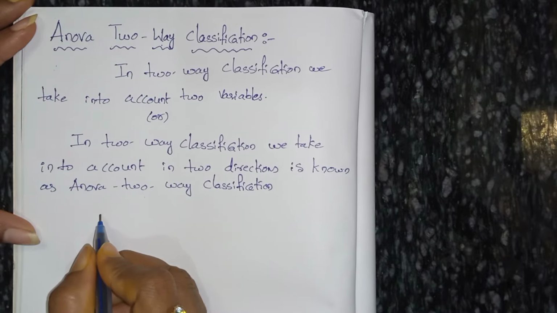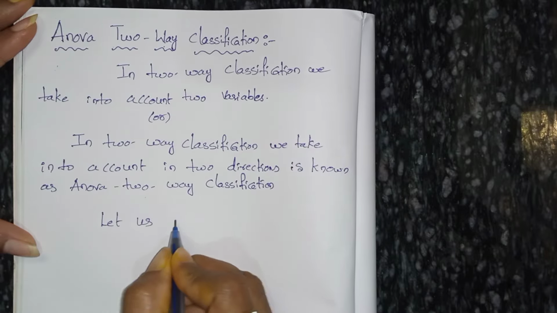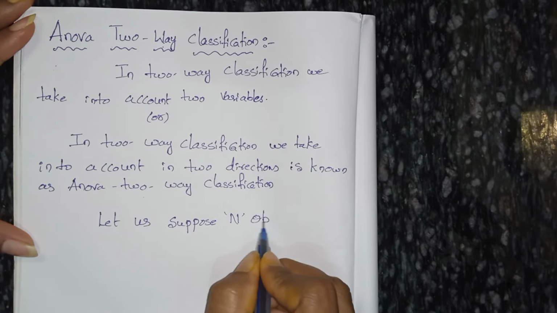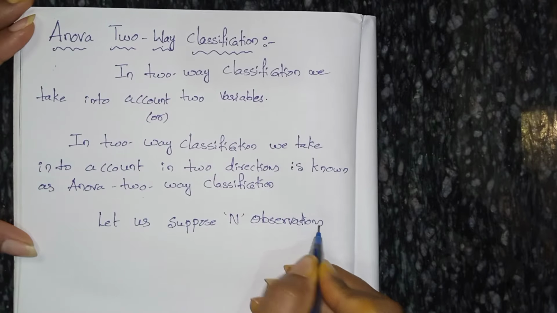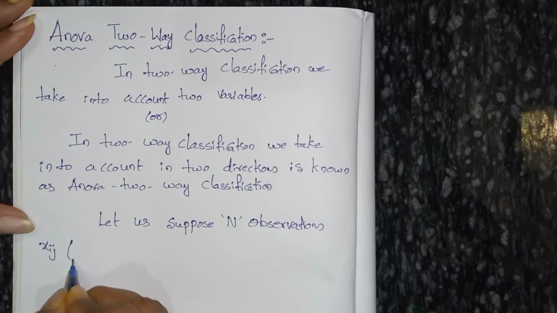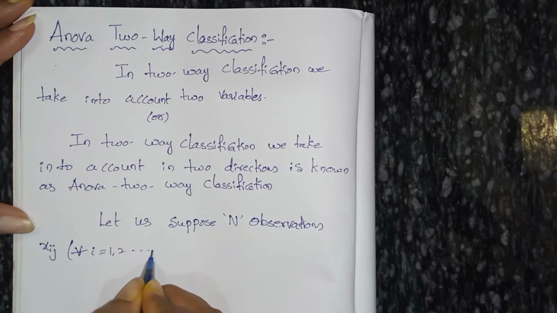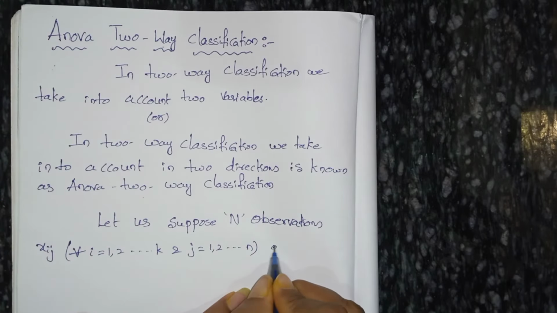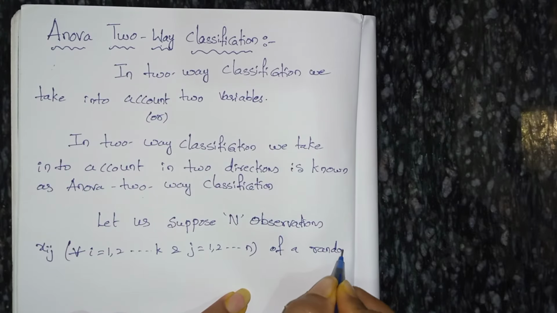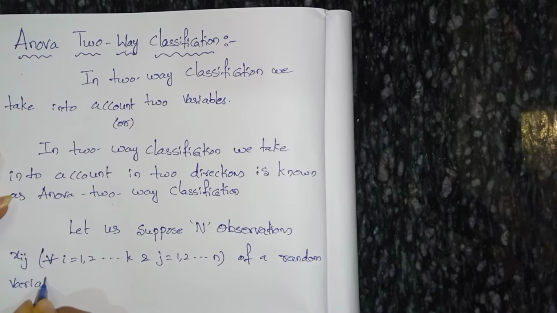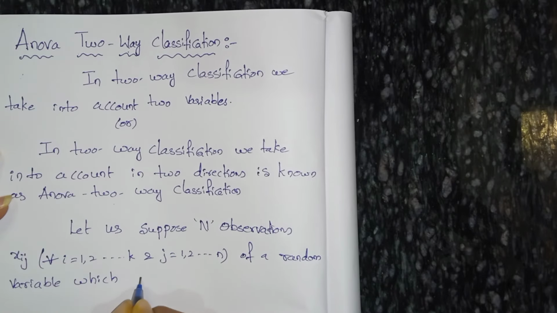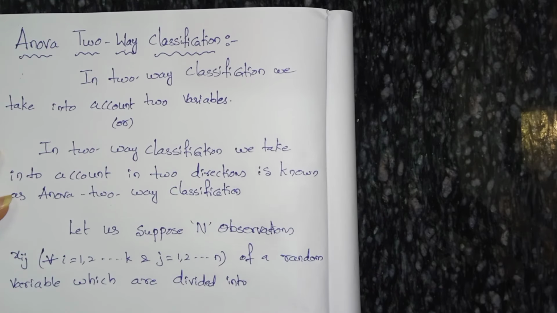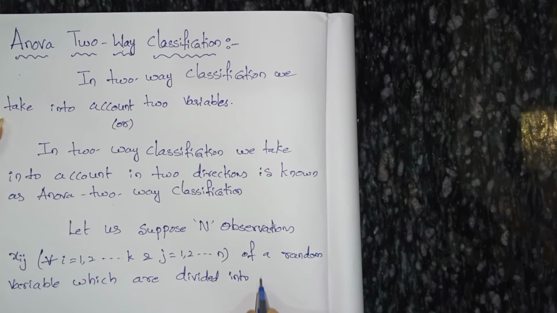Now let us suppose capital N observations, we call them as xij, for all i equals 1, 2 and so on up to k, and j equals 1, 2 and so on up to n, of a random variable, which are divided into k groups.